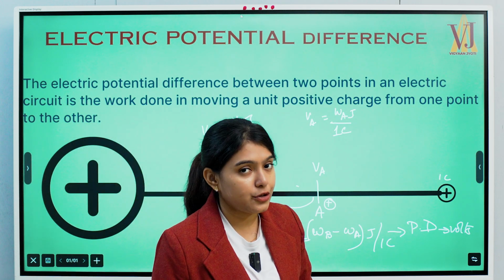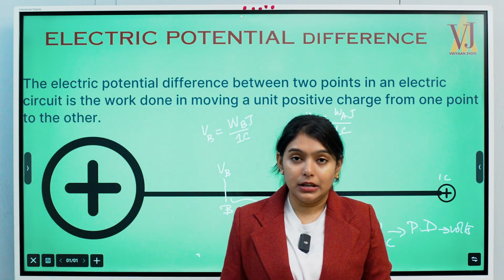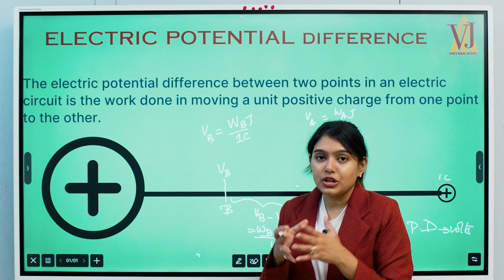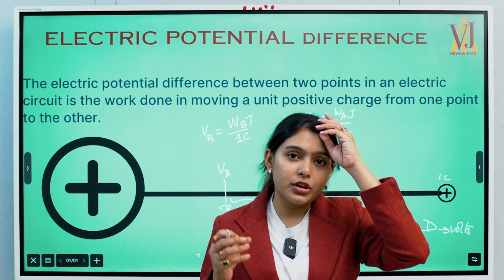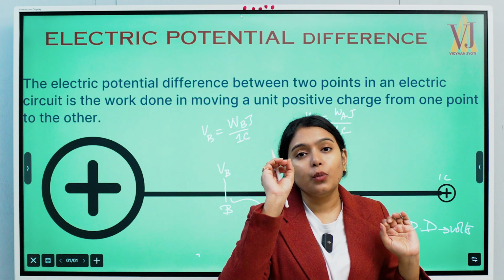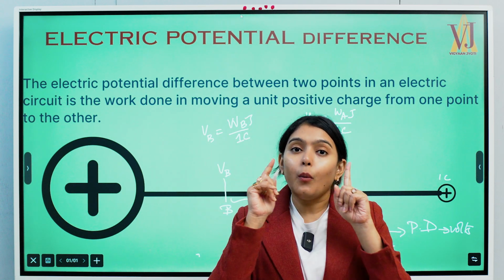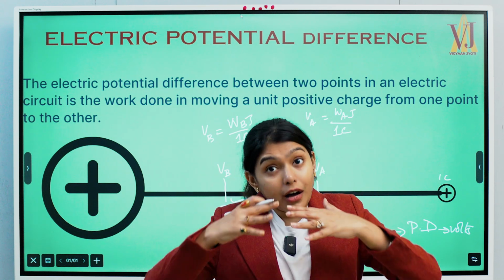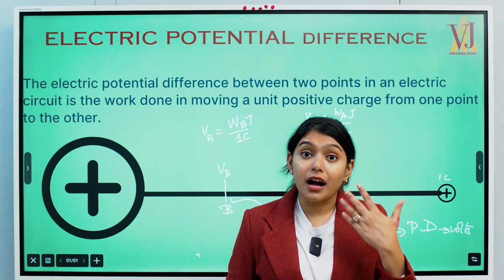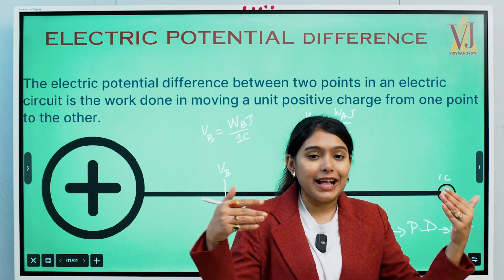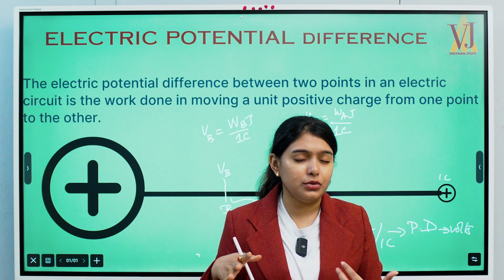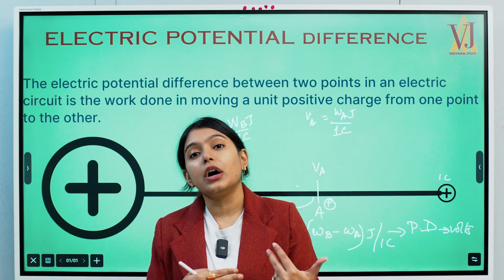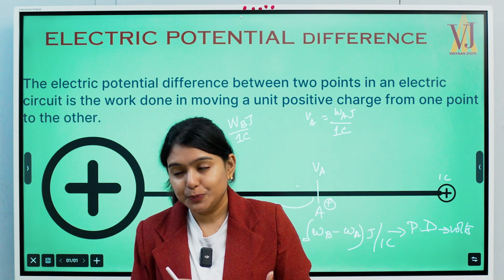Did you understand what is electric potential? To understand electric potential difference, you need to understand electric potential. So electric potential is what? We have understood that it is the amount of work you require in order to bring 1 coulomb of charge to a higher charged body, that is against the electric field, because the direction in which you apply the force to do the work is opposite to the force that is obstructing you.